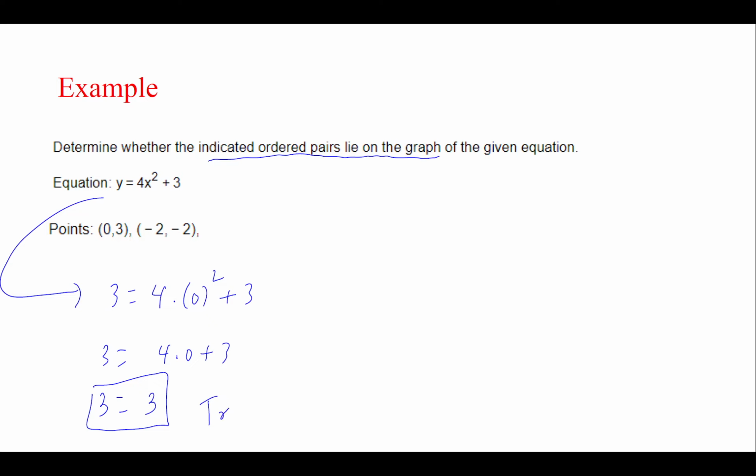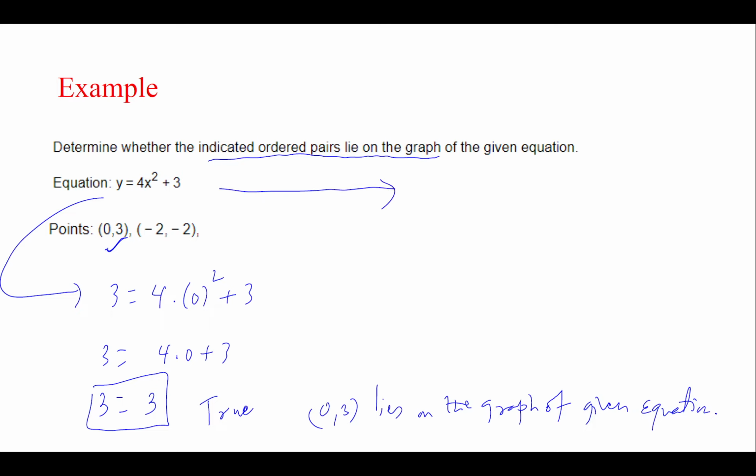Whenever it gives you a true statement, that means that particular ordered pair lies on that graph. So this (0, 3) lies on the graph of the given equation.